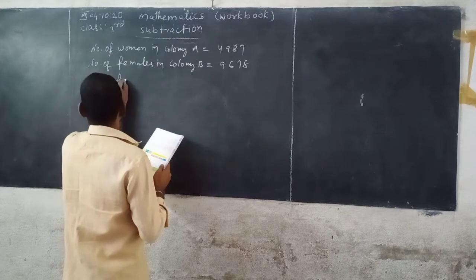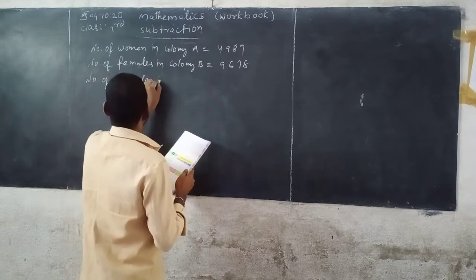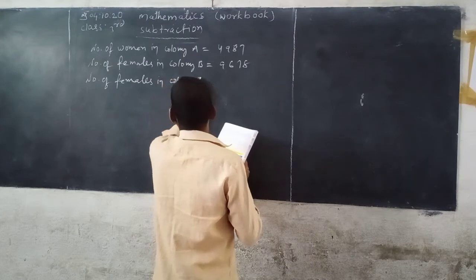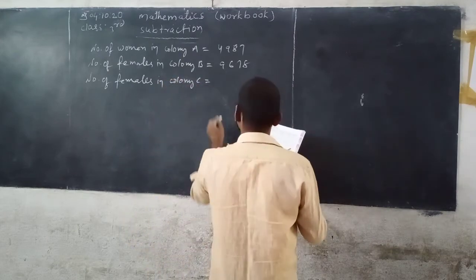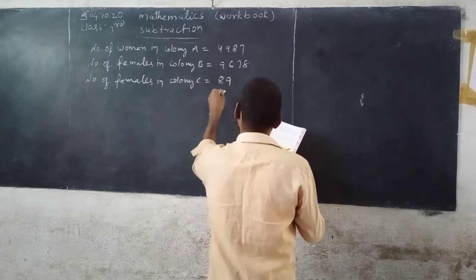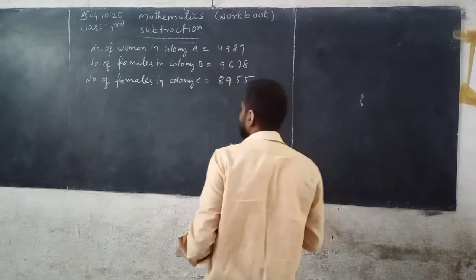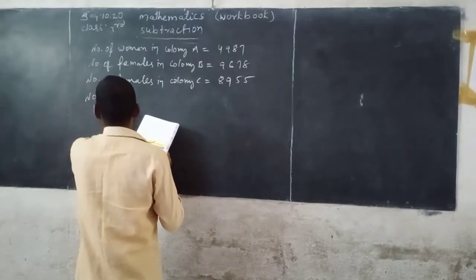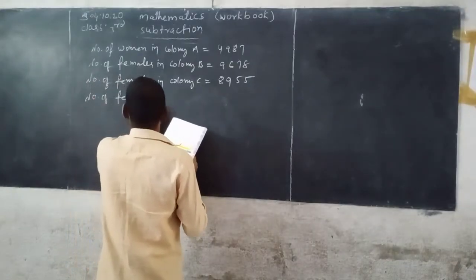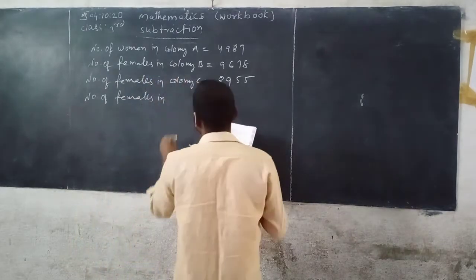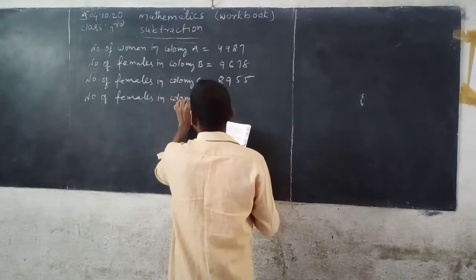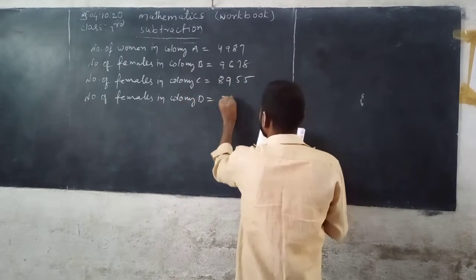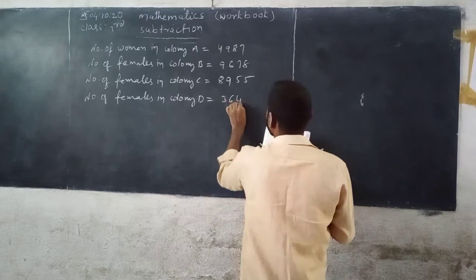Number of females in colony C is 8,955. Number of females in colony D is 3,646.